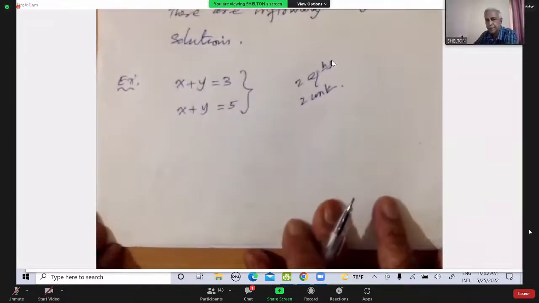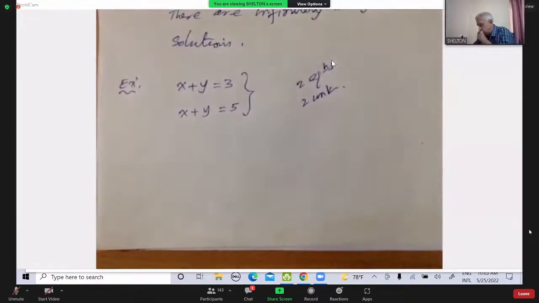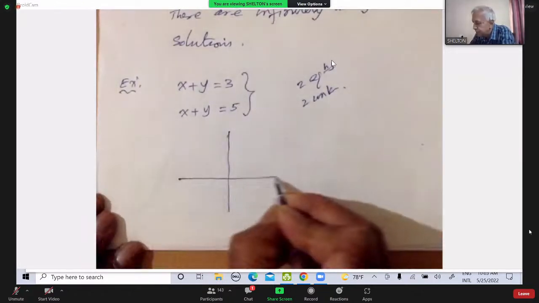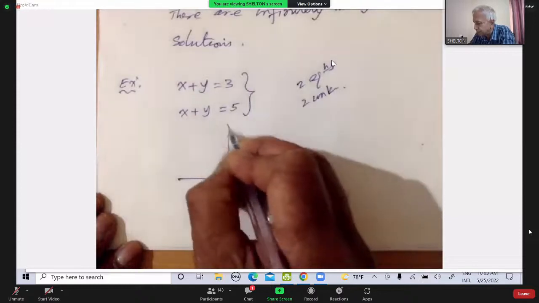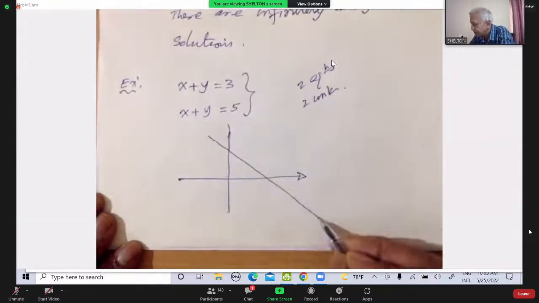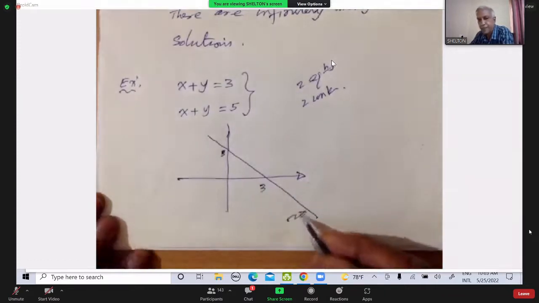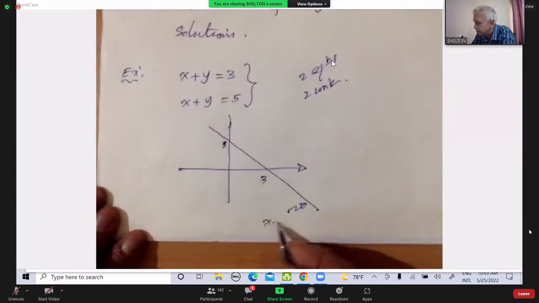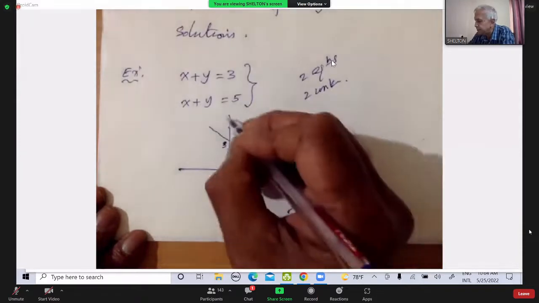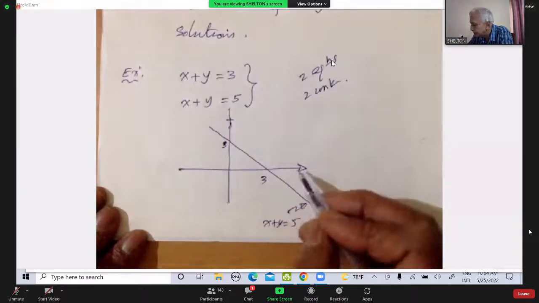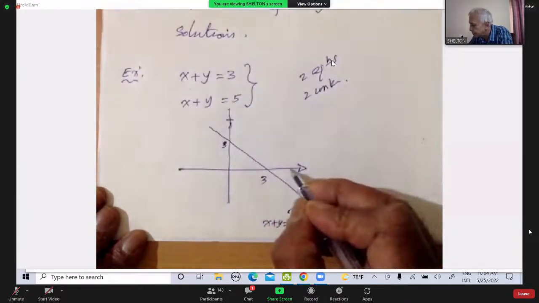Draw the graphs. We already drew the graph of the first one, x plus y equals 3. Now draw x plus y equals 5. Let us say 5 is there. x plus y equals 5.